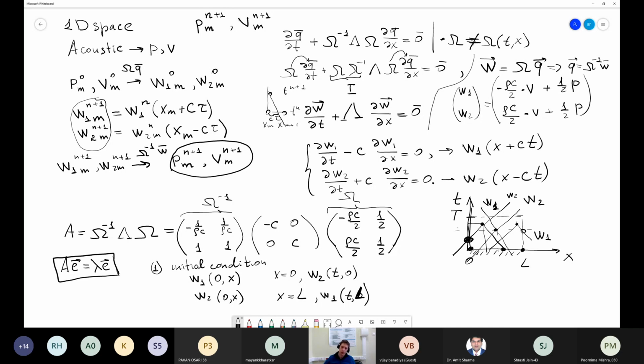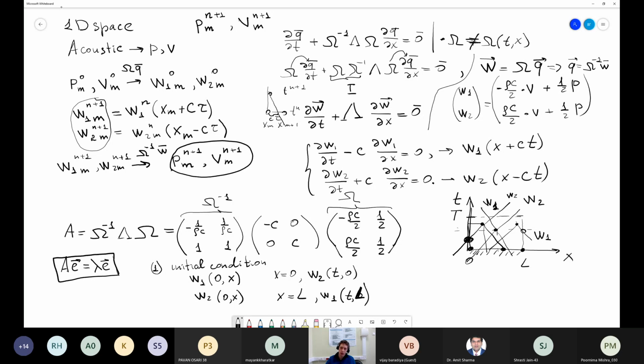numerical scheme. So one question is related to the boundary condition, and we have to deal with this if we have some discontinuity in parameters. Why?